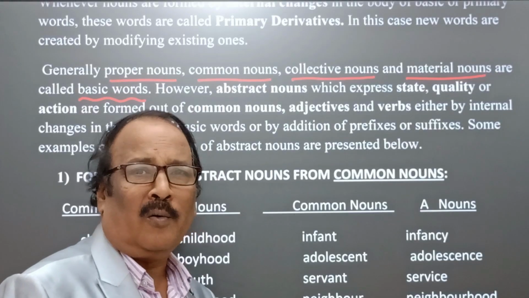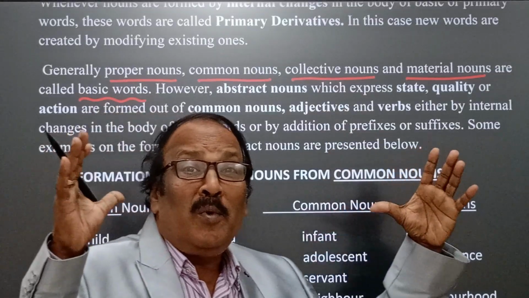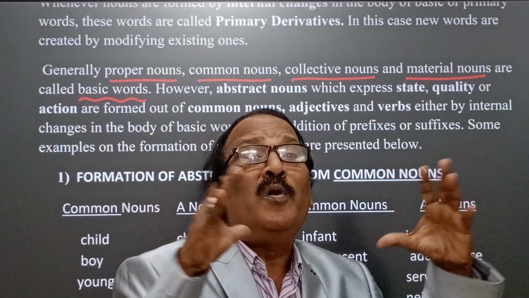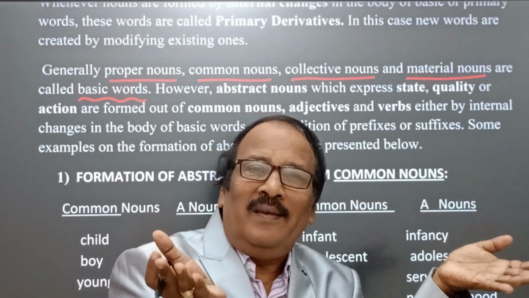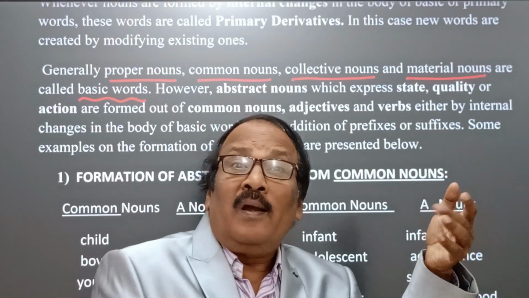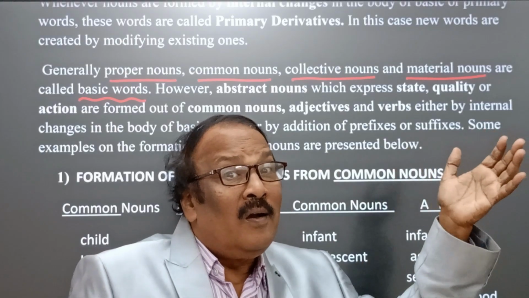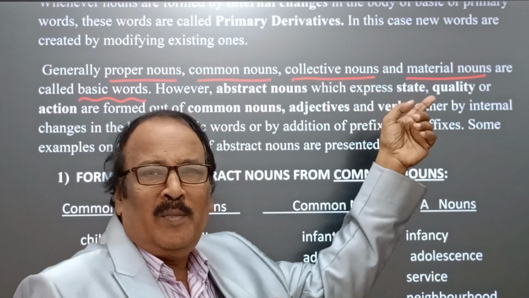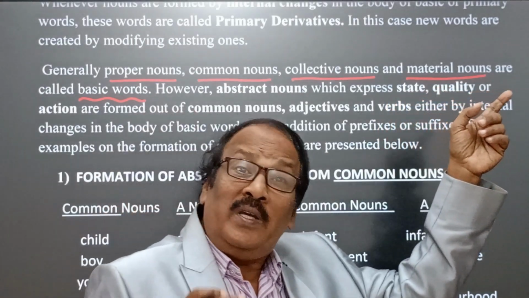Amazon, proper noun, but river, common noun. Whenever a noun is formed out of a collection, that is what we call a collective noun. Family, team, class, library, these are what we call collective nouns. Staff, committee. Okay.